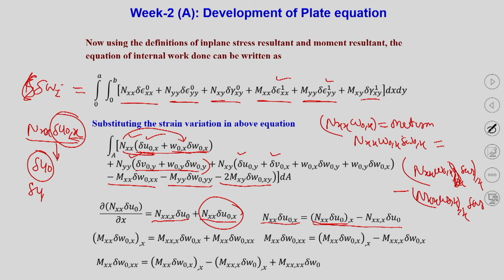Then you have a double derivative here. So, from this you have a two terms contribution. So, this one term will give you these two terms.